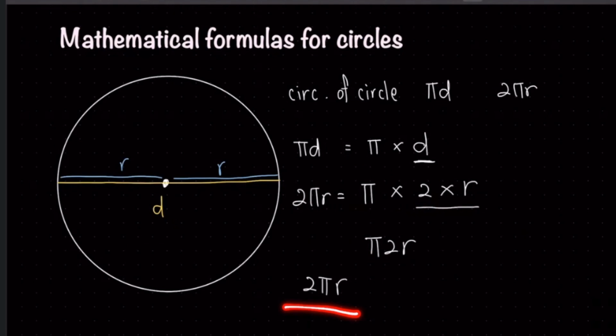2 pi r. The next formula would be area of circle. The area of circle is pi r square. So this is the center of circle, and then we have the radius here. So this means pi times r times r.